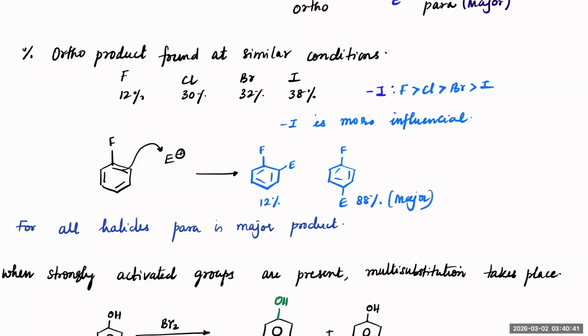In fact, for all the halogens, you will find para is always the major product. You can see even for iodine it is only 38% ortho. So therefore, the para product is always the major product in this case. Clear?